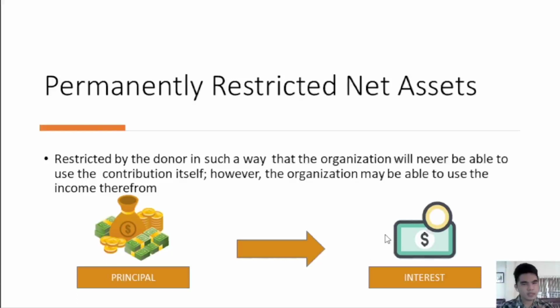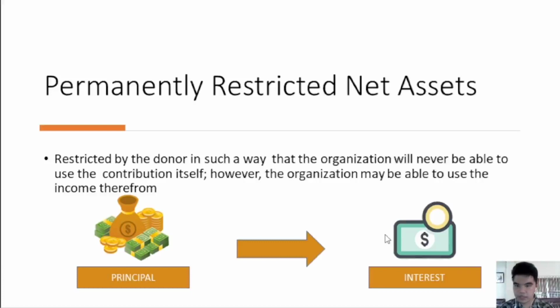So, let's go into the first one, the permanently restricted net assets. So, permanently restricted net assets are restricted by the donor in such a way that the organization will never be able to use the contribution itself. However, the organization may be able to use the income therefrom.